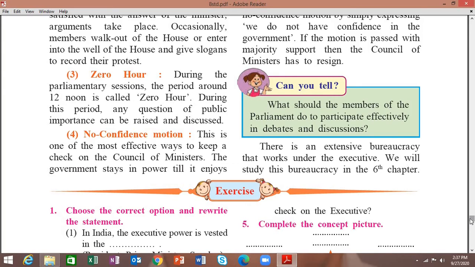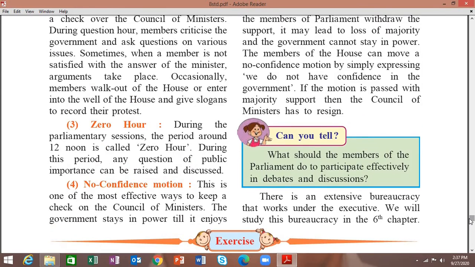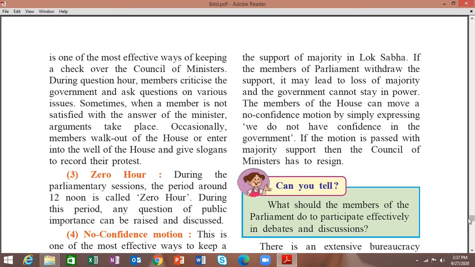And the most important thing, no confidence motion. The government can stay in office till they enjoy the majority in the Lok Sabha. If the members of the parliament withdraw the support, it may lead to the loss of majority and the government cannot stay in power.